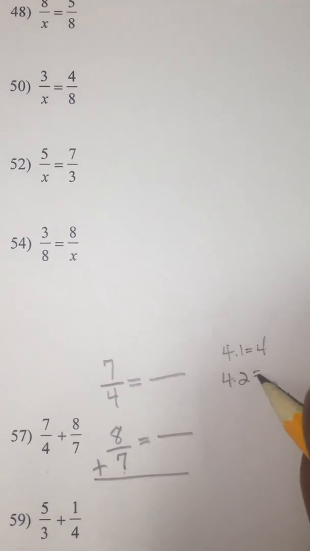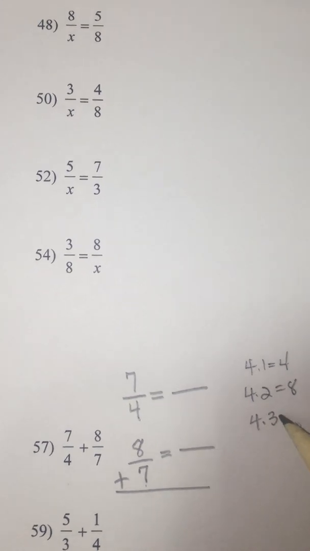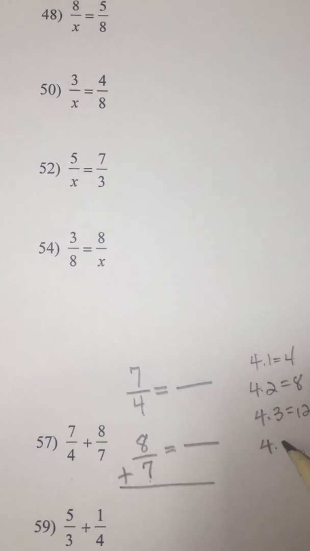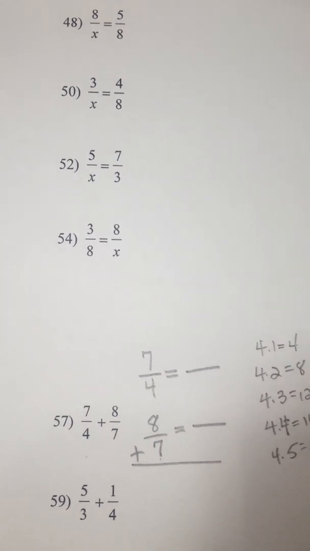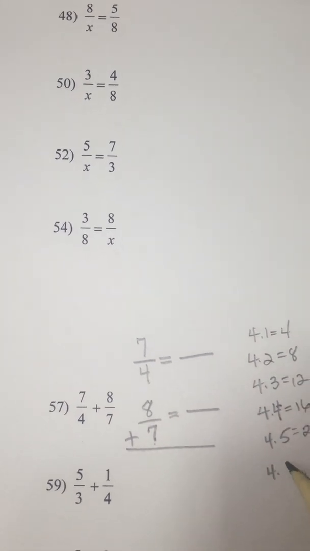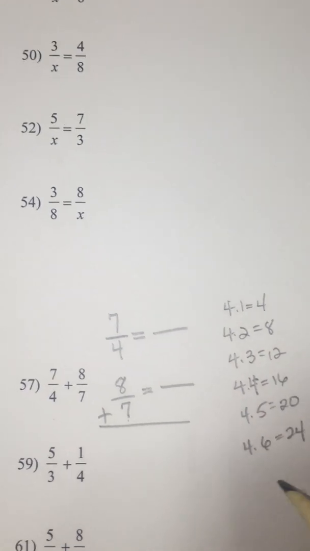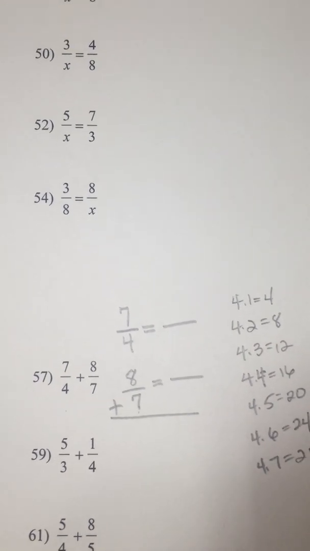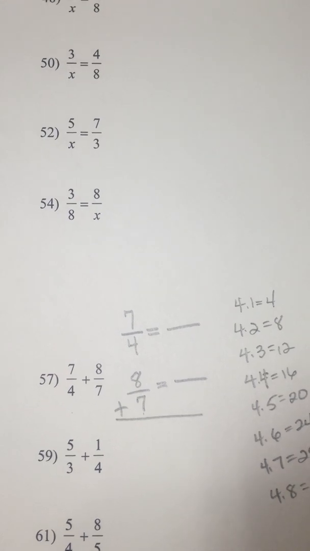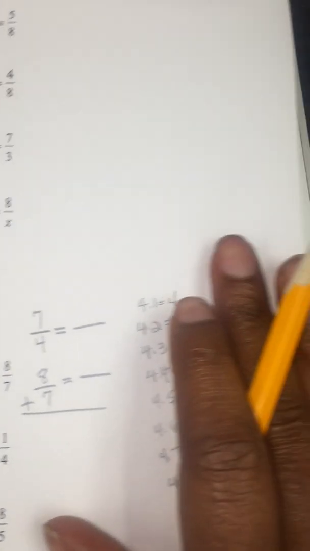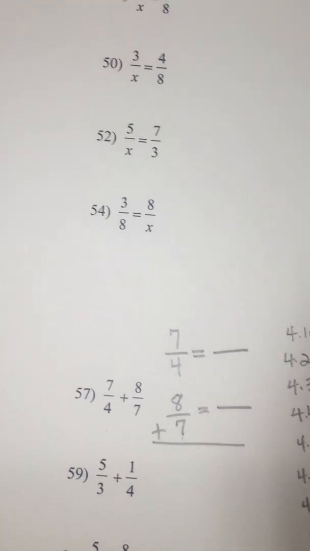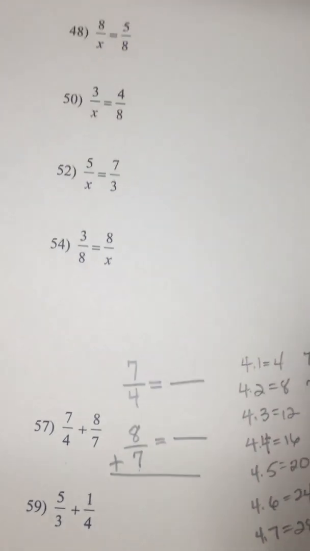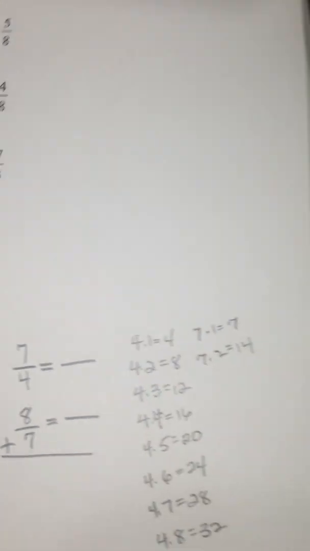And I will write a few of them out just to give you a visual. So you'll know exactly what I'm thinking when I say visualize your timetables. So this is what I want you to keep in mind. Next let me do the same thing for 7, because I'm looking for a number that they both share, a number that they have in common.